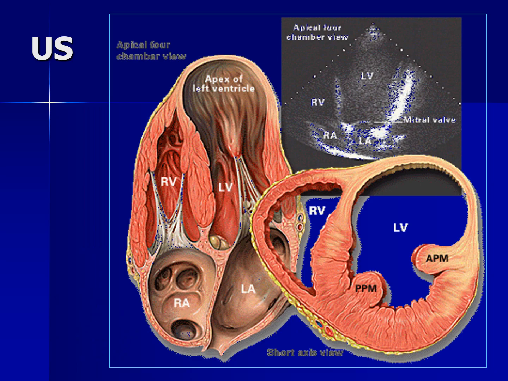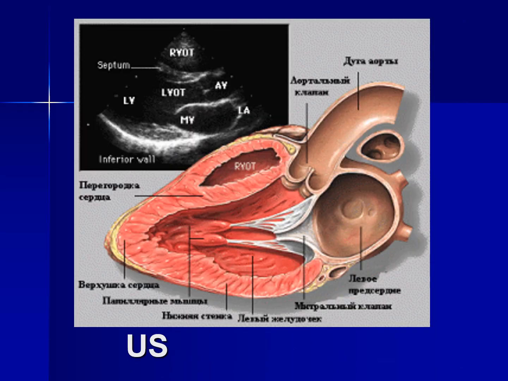Here you may compare the anatomical picture of the heart chambers and also the ultrasound image. Here also anatomical view and ultrasound view of the chambers and vessels of the heart.